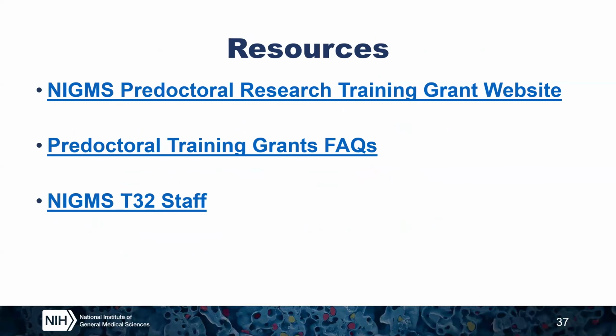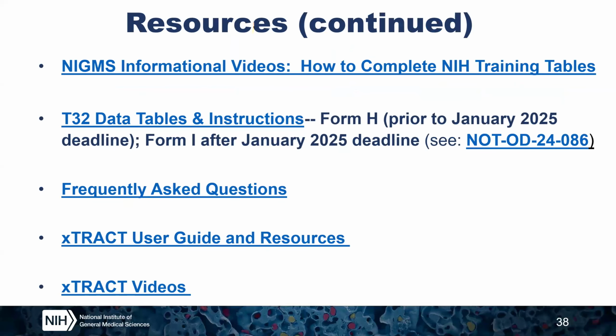In the next couple of slides, I'm going to highlight some of the resources available to you that include the NIGMS Predoctoral Research Training Grant website, some predoctoral training grants frequently asked questions, and a list of NIGMS T32 staff. Additional resources are the NIGMS informational videos on how to complete the NIH training tables.